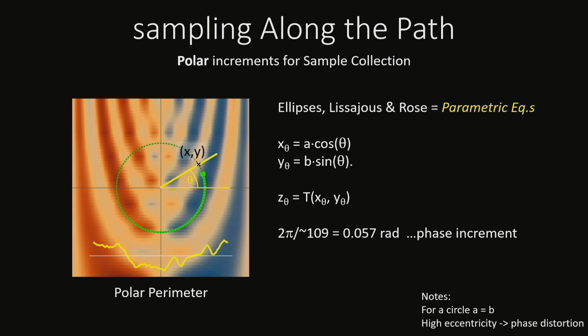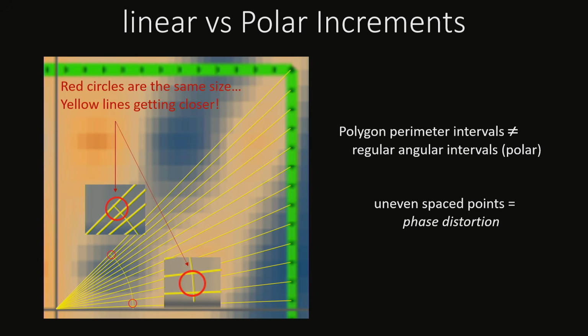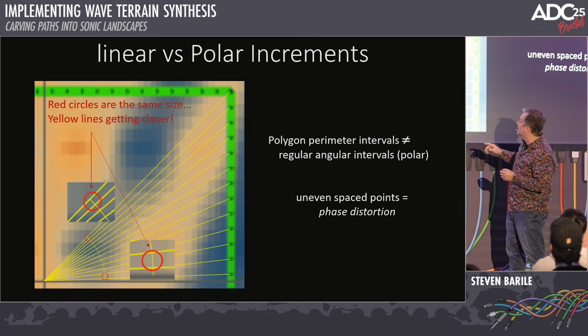Okay. All right. So we sweep through these parametric equations using polar coordinates as opposed to Cartesian. If we were to try to sweep through a square path using that technique, this might be intuitive to some of you, but I thought I'd point it out.